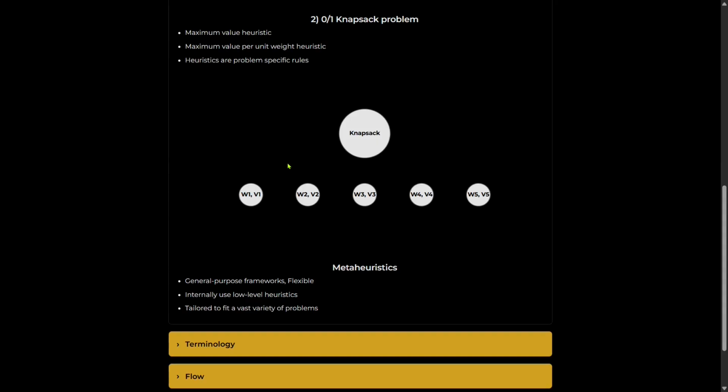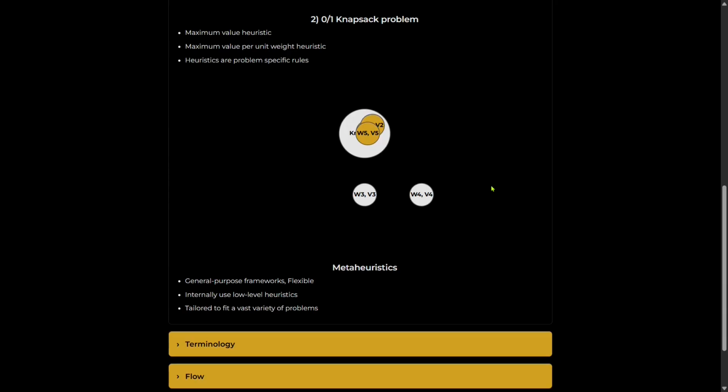Now there are different heuristics that we can use here to make quick decisions. One being a maximum value heuristic, where we simply pick the items with the highest value first until the bag is full. We could also try a maximum value per unit weight heuristic, where we look at the value to weight ratio and then select the candidates that have the maximum value for the least amount of weight.